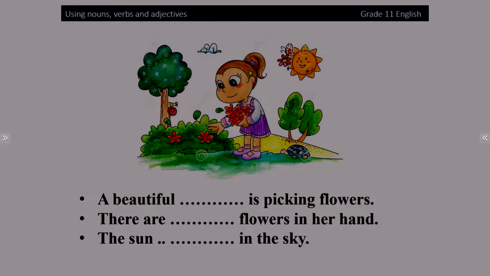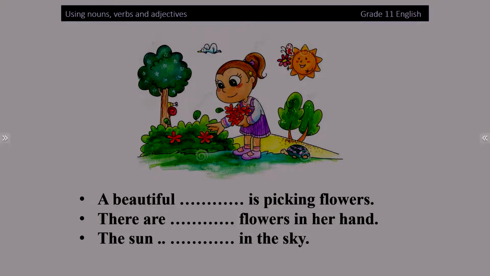For example, a beautiful blank is picking flowers. So now you see, children, a beautiful blank is picking flowers. Who is picking flowers? As you know, the girl. And you understand the girl there is a noun. All right. Then the next one. There are blank flowers in her hand. Now see, remember about the countable nouns, uncountable nouns which we spoke about at the beginning.